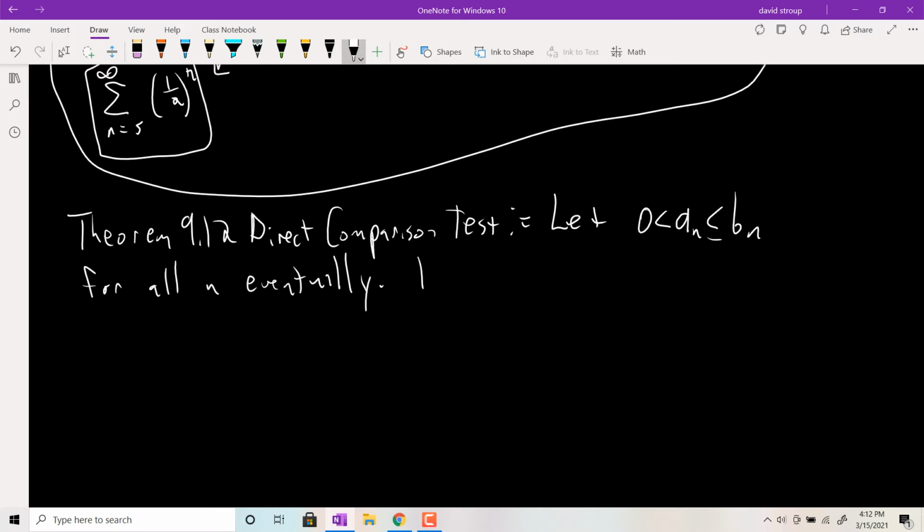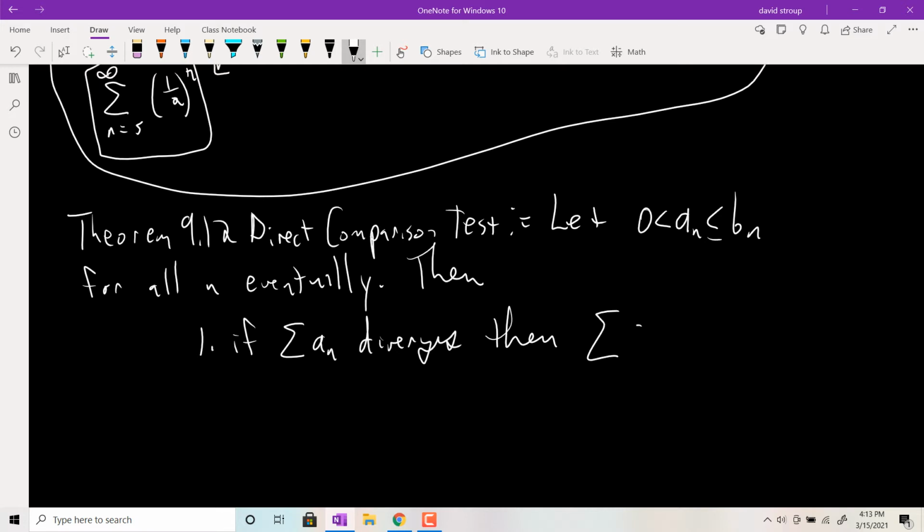Okay, so if that holds true, then you could say first, if one of the series you know of diverges, and that series is below the other series, so to speak, the terms of that series are less than or equal to the terms of the other series, then the other series will diverge.